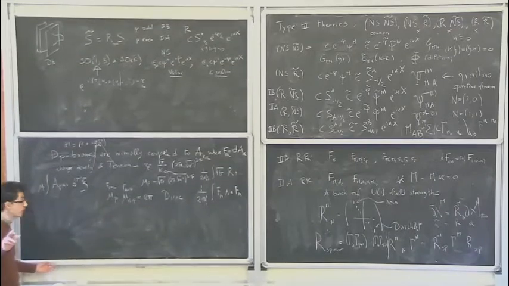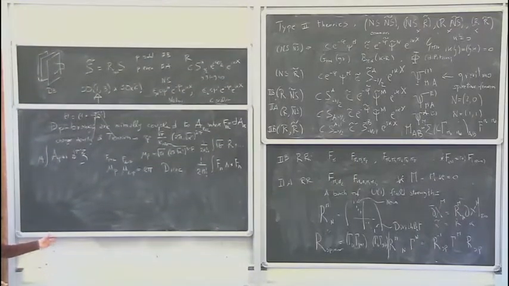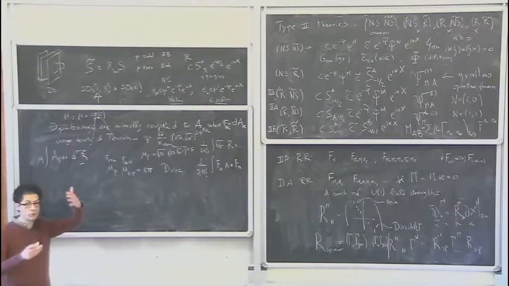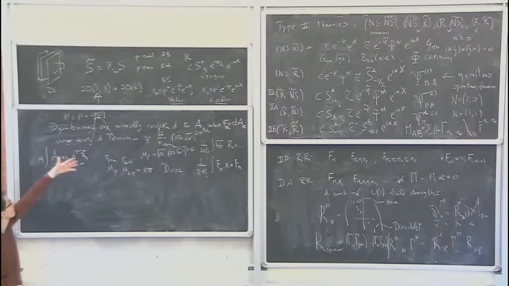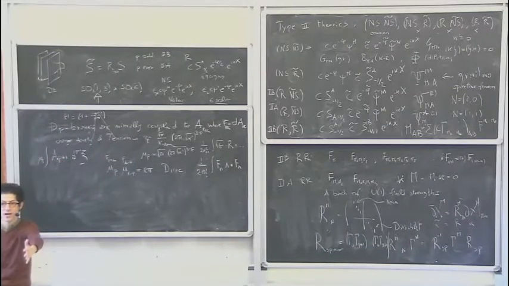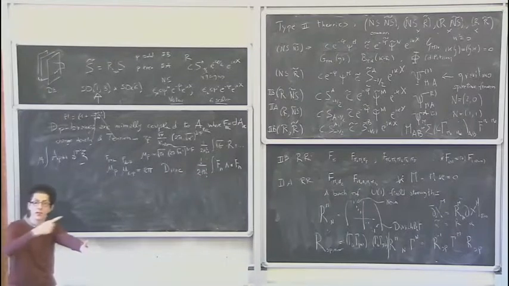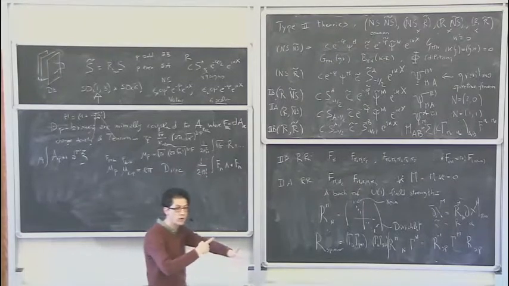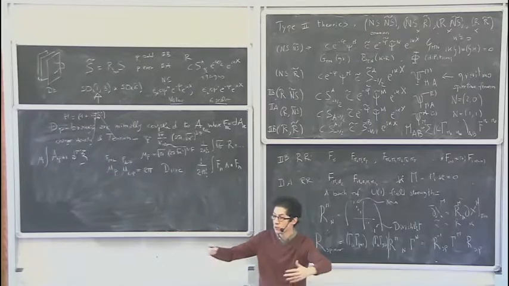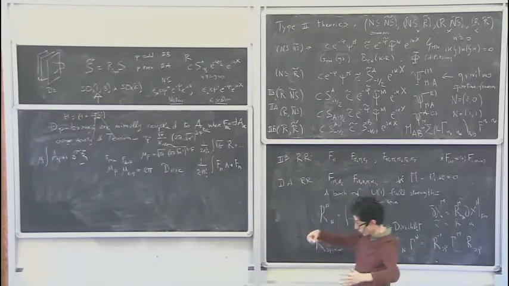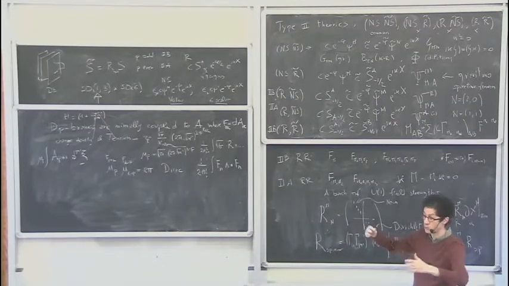So let me just pick up on this question. You now have this object, right? And for the time being, we have been thinking about this object as a static object that has p+1 directions that are Neumann, and then the orthogonal directions. Now you can say, let me make contact with the very beginning of the course, when we tried to write an action for an extended object.